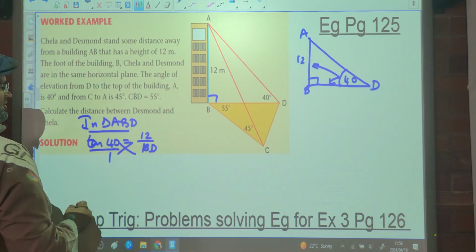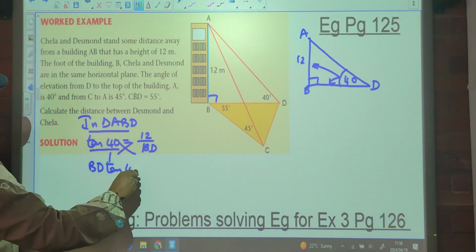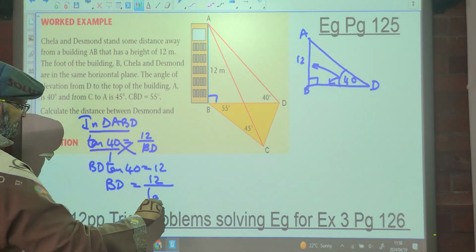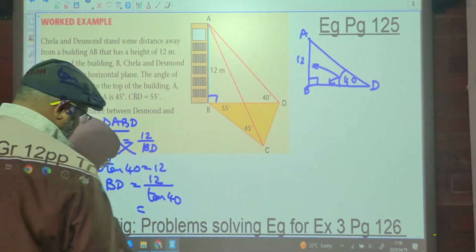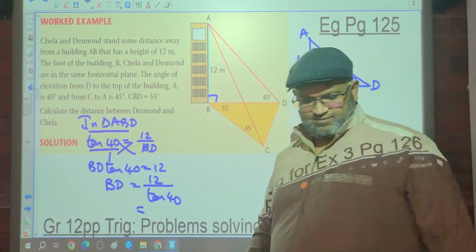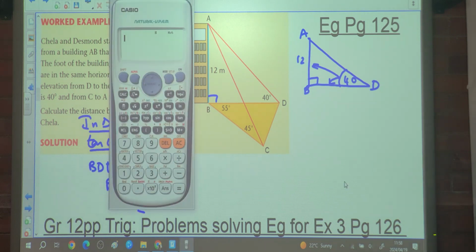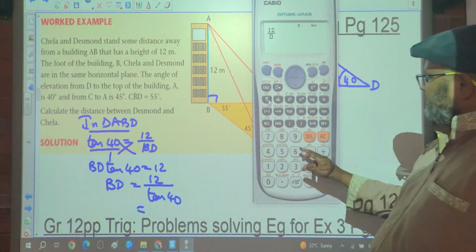That's naturally over 1, cross multiply. So that's going to be BD tan 40 is equal to 12. So BD is equal to 12 over tan 40. And that works out to be, for those of you opening calculators for the first time for the week, it's going to be 12 over tan 40.